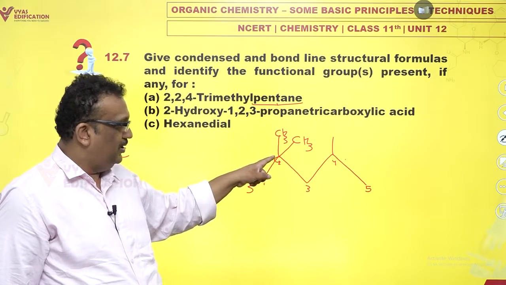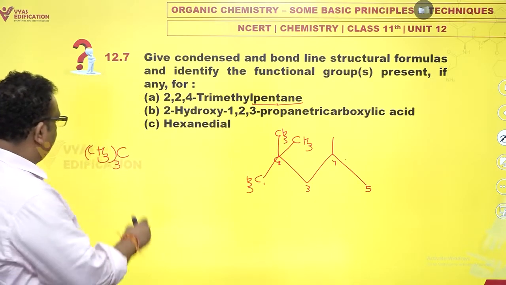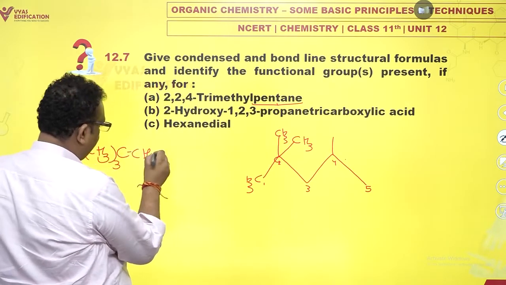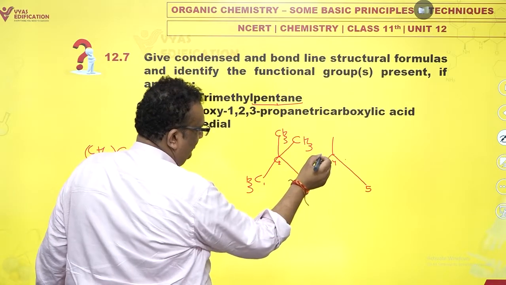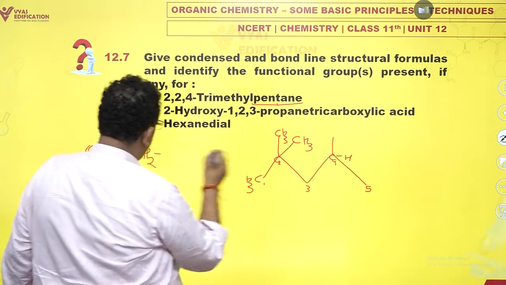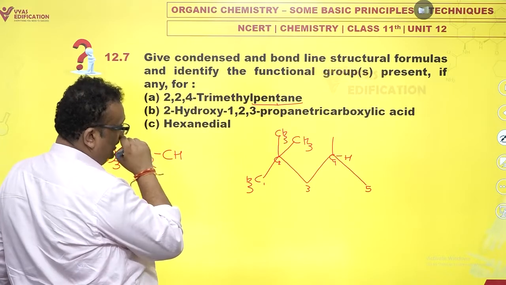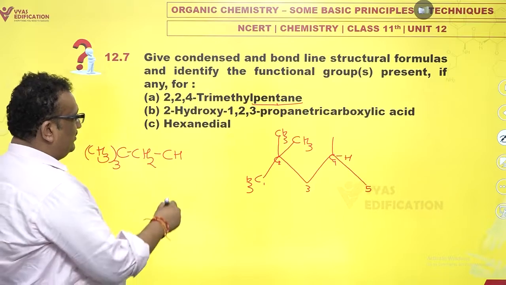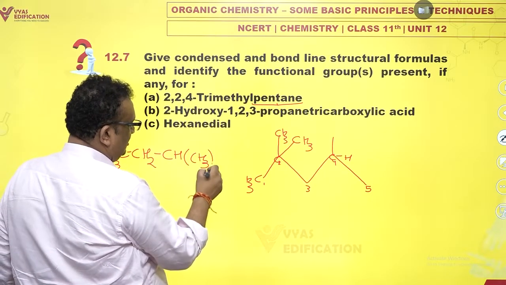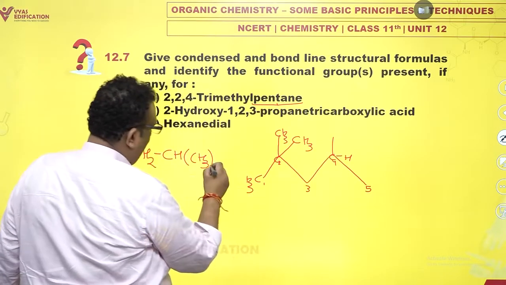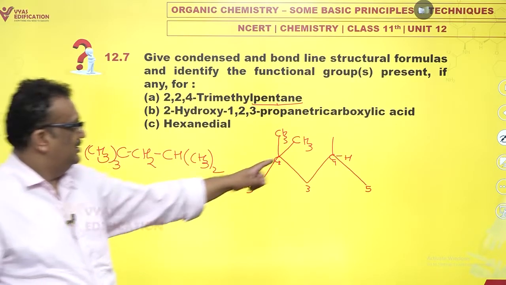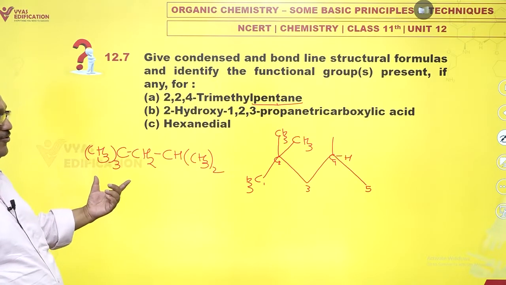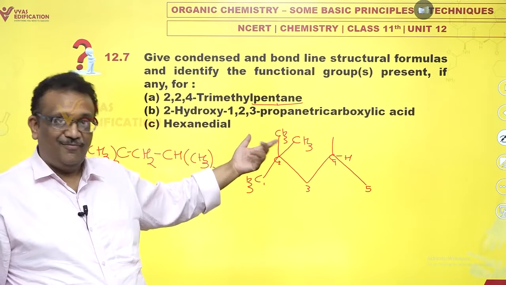Now, this is attached to CH2, and then we have CH. Whenever there is a side chain, in condensed formula, we simply put a bracket. It is CH3, CH, this is CH3 whole twice, CH3. This is how we write the condensed formula.